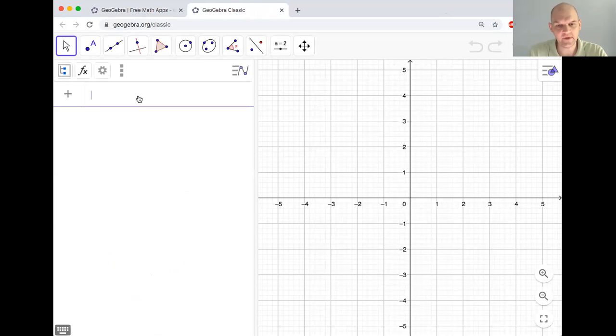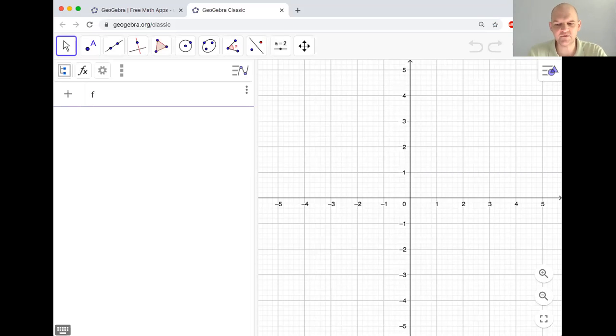One thing about GeoGebra is it can deal with complex numbers. If I just type i, you can see it plotted 0 plus 1i. If I type 4 minus 3i, it plots it where it should go.